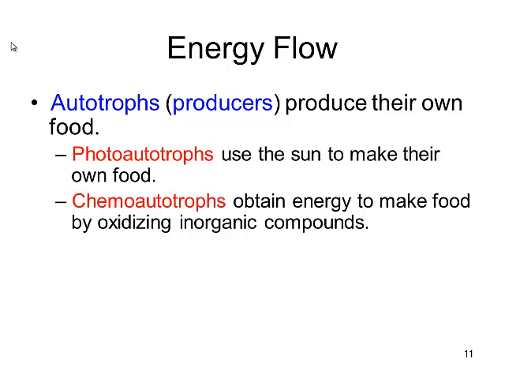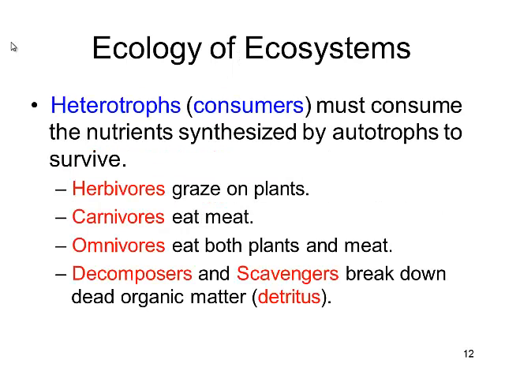Certain bacteria. Heterotrophs, or consumers. They have to consume nutrients that are made by autotrophs in order for them to survive. Give me an example of a heterotroph. Us. We can't make what?